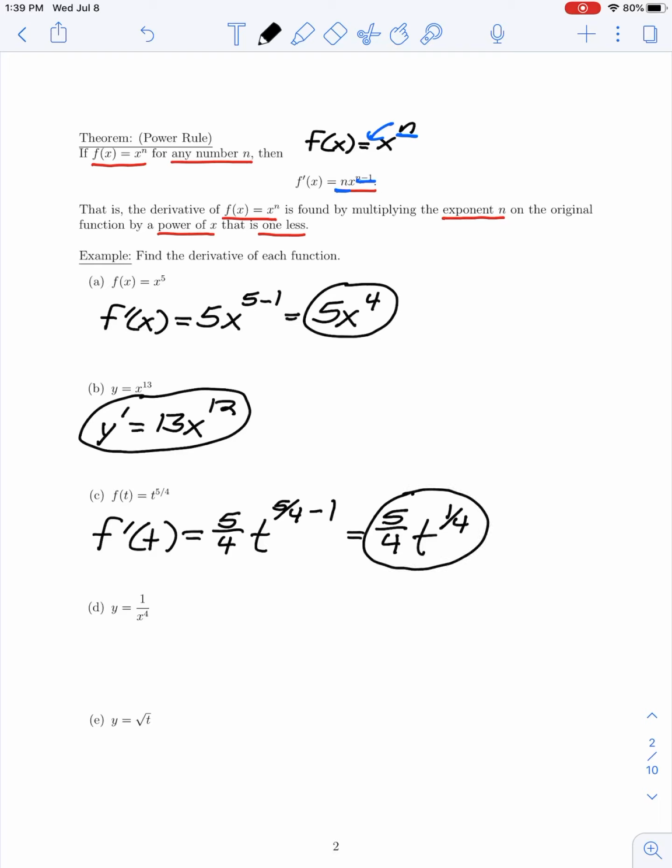Now in part D, we have y is 1 over x to the fourth. So this may not look like a function where we could use the power rule at first, but recall that 1 over x to the fourth can be rewritten as x to the negative fourth power.